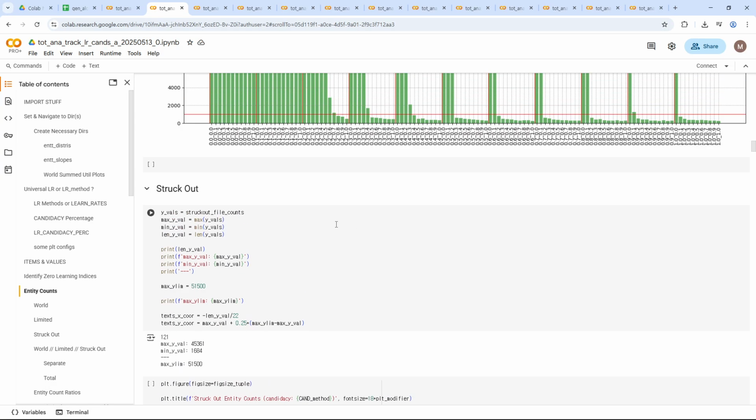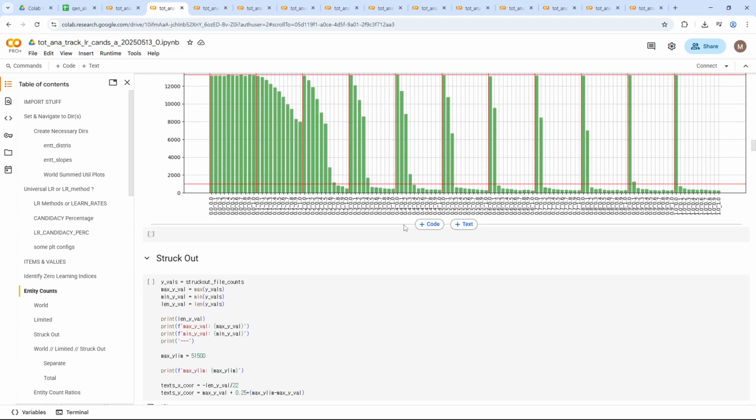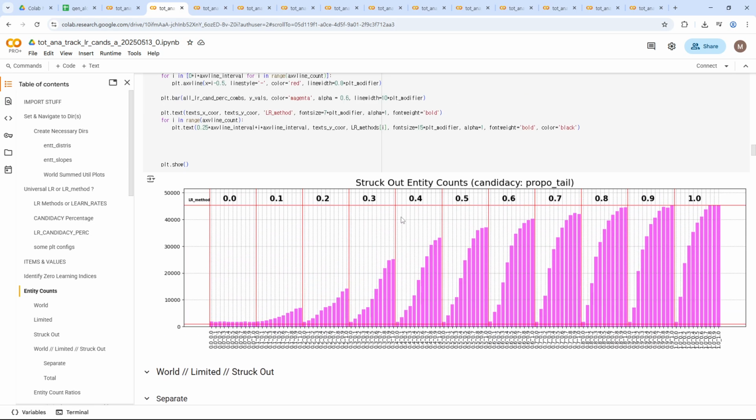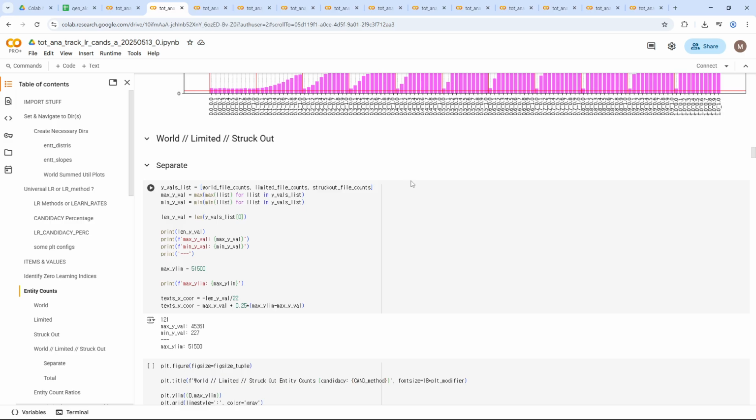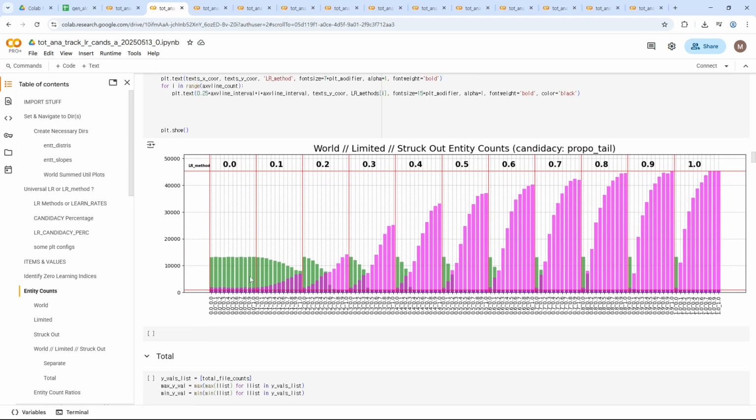You see a similar pattern here, where the limited entity counts decrease and the struck out entity counts increase. And if we just overlay everything on top of each other, this is what we get.